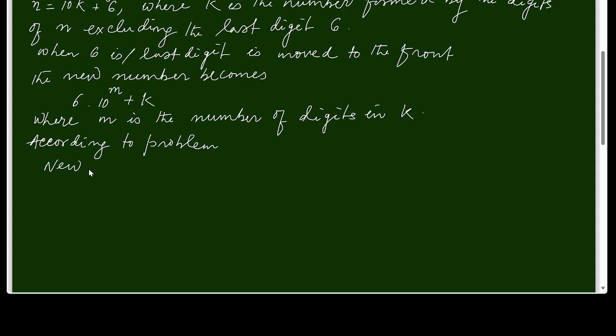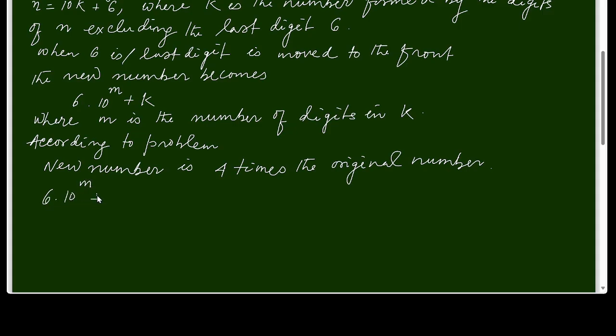So, 6 times 10 to the power m plus k equals 4 times n, that equals 4 times 10k plus 6.